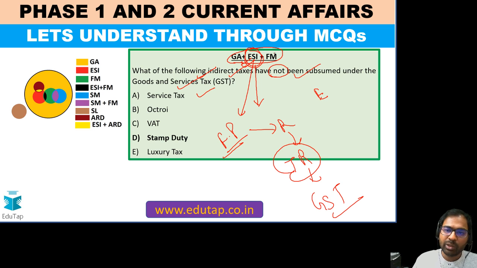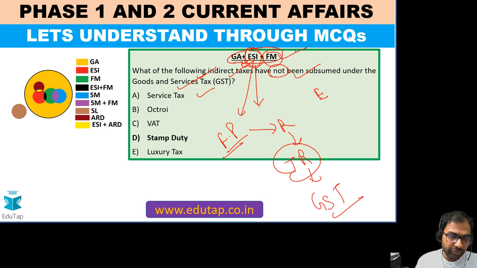Now tell me why this question can be asked in finance and management. Which topic of finance and management? I'm waiting for your answers. There is no topic of fiscal policy in finance and management.